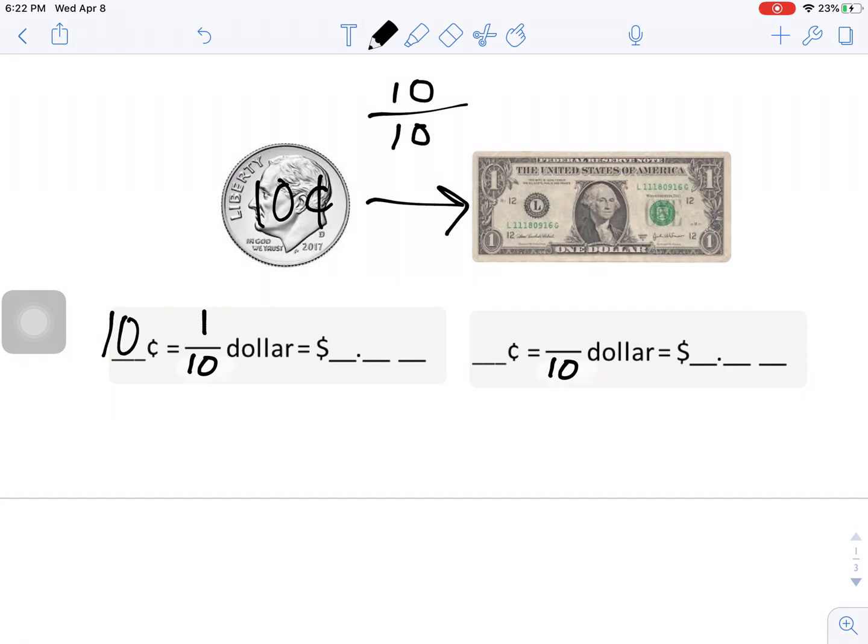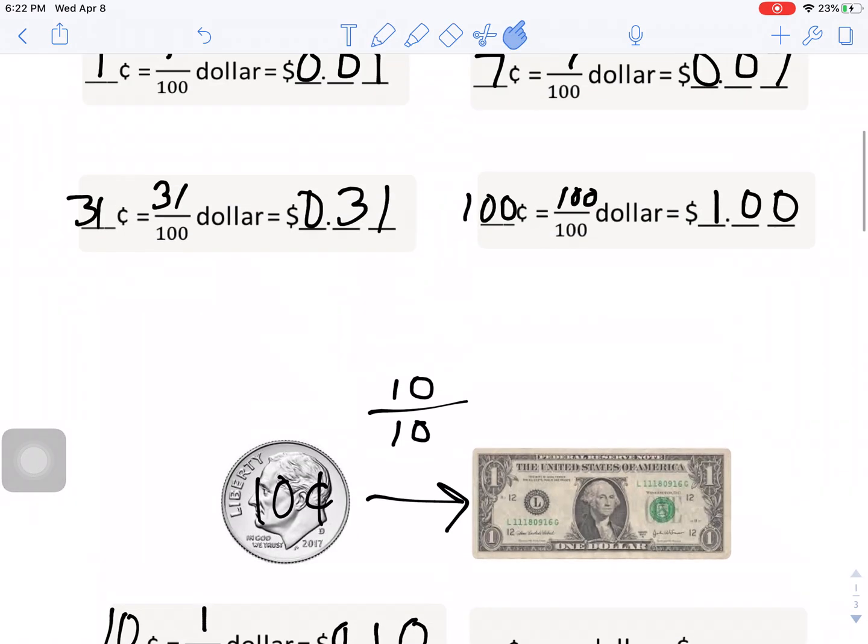If I wanted to write this as a decimal, I would have to remember that we have wholes, tenths, and hundredths, and I have 1/10. So I would put a 1 in the tenths place, but I want to also tell you that I have no dollars. I could leave it as 1/10, but since it's 10 cents, I'm going to put a 0 in the hundredths place.